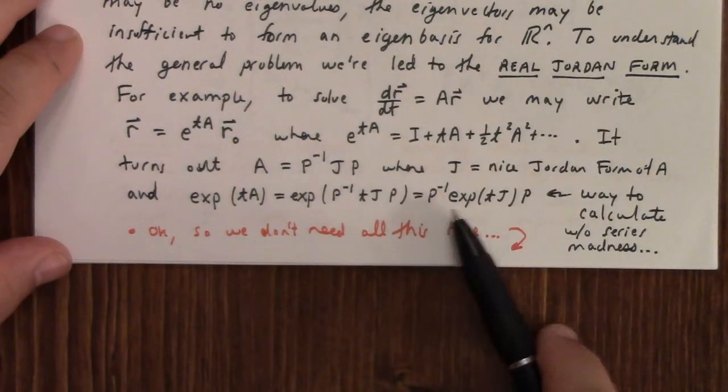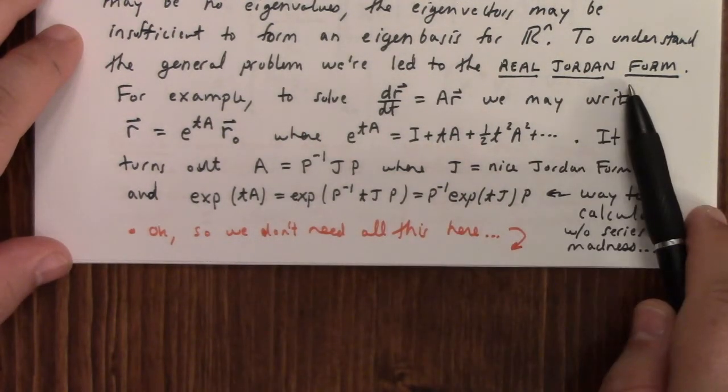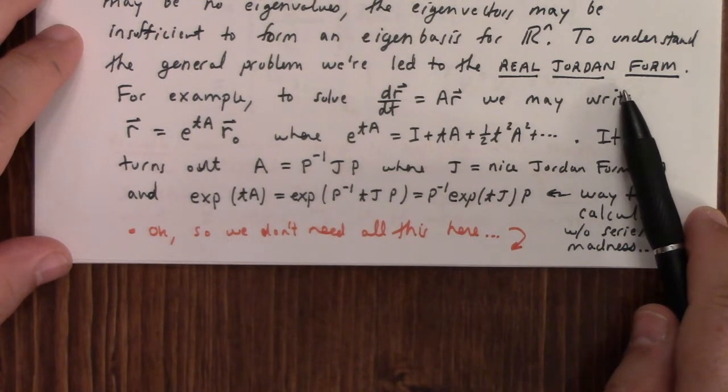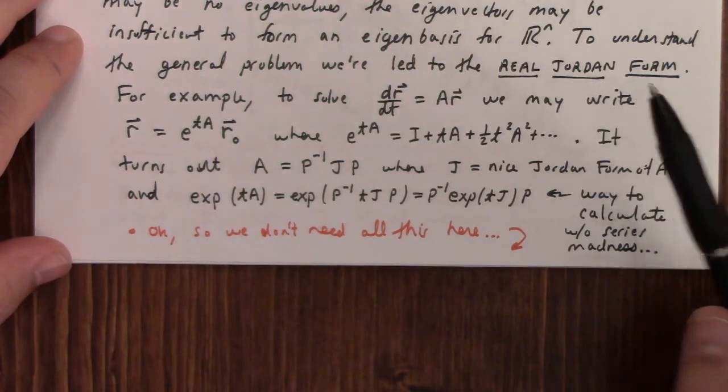I'm just telling you, if you don't know about the Jordan form already, it's something you ought to study because it's part of linear algebra that we don't always get to in the undergraduate course, but it's actually really important for applications. And it's the end of a story that you just saw the start of.